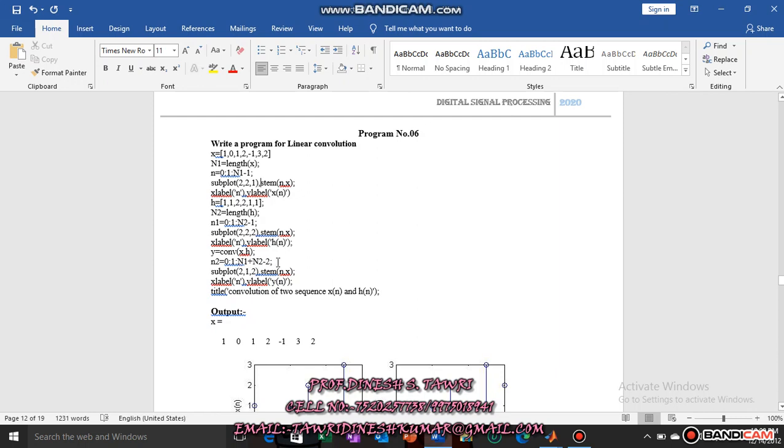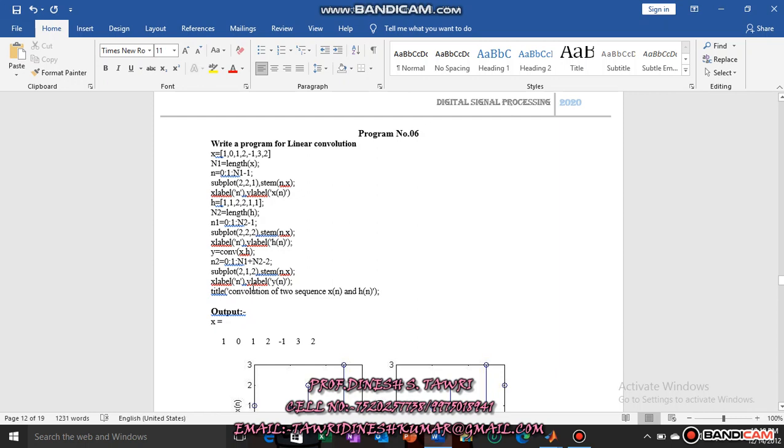Now for getting the plot you have to write subplot in bracket 2 1 2, followed by a comma and stem n comma y in round bracket, and bracket complete along with the semicolon.